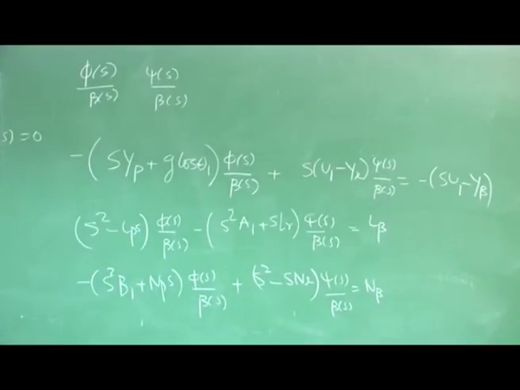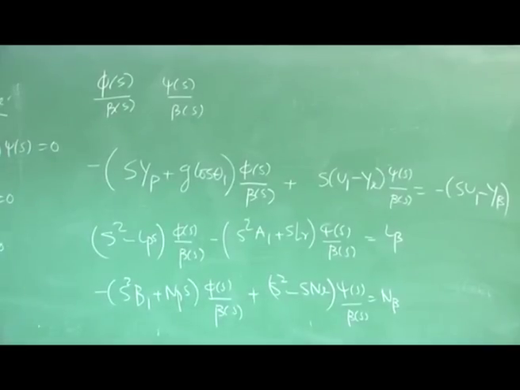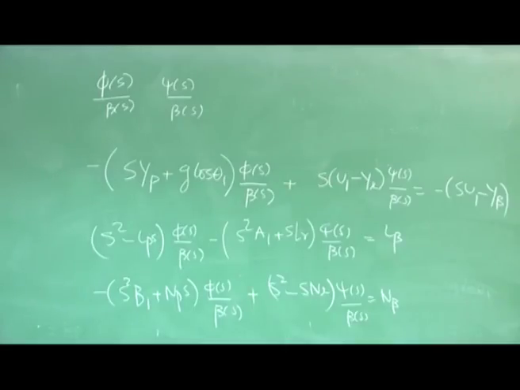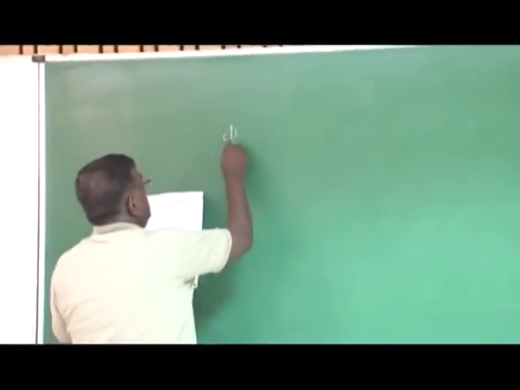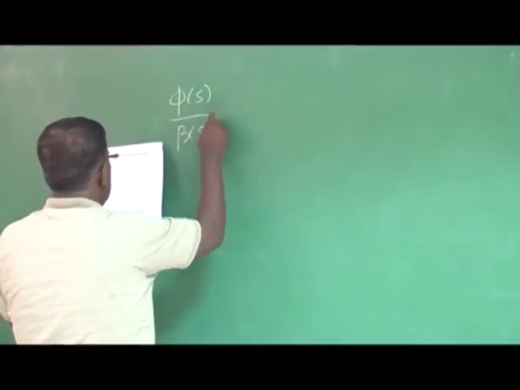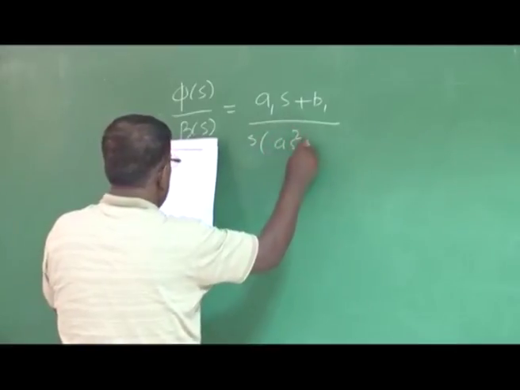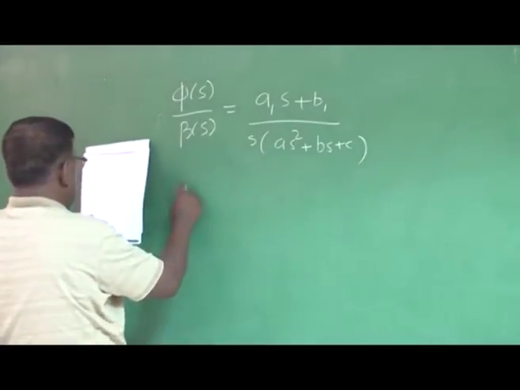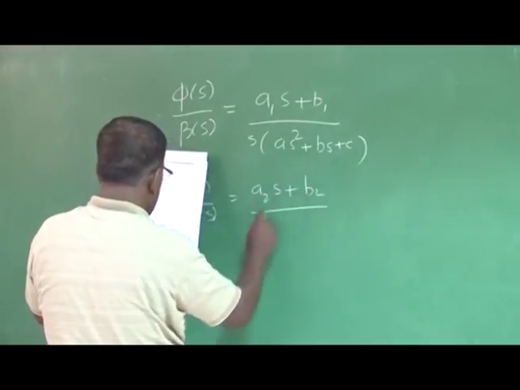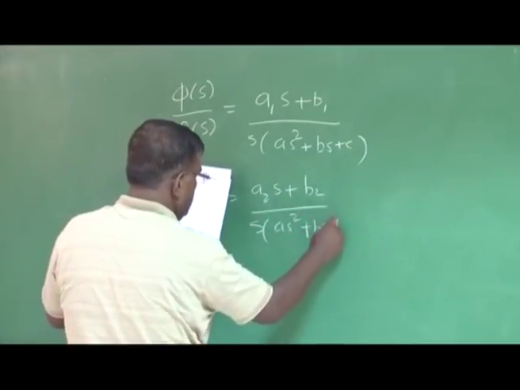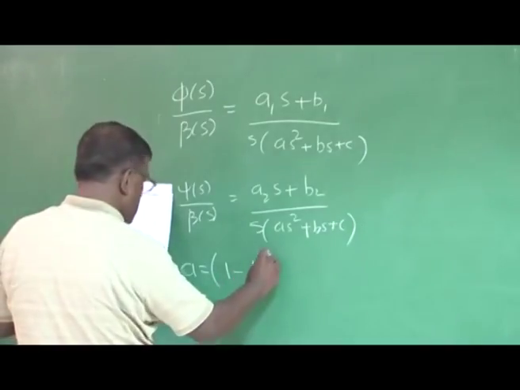So easily you can find the expression for phi of S by beta of S or psi of S by beta of S. With a little bit of handling of simultaneous equations, by method of substitution, method of subtraction, the Cramer rule, whatever it is, you can find phi of S by beta of S as A1 S plus B1 over A S square plus B S plus C, and psi of S by beta of S equal to A2 S plus B2 over A S square plus B S plus C, where for completeness I am writing A equal to 1 minus A1 B1.